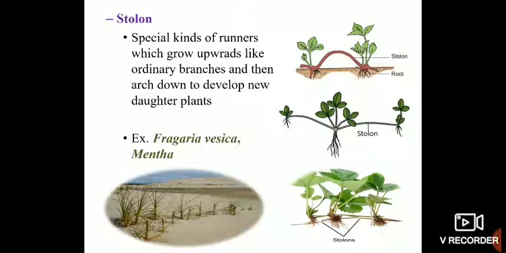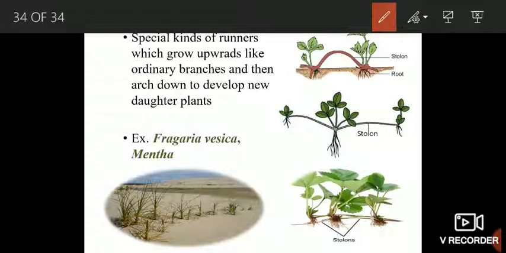And finally, we have stolons. These are the special kinds of runners which grow upwards like ordinary branches and then arc down to develop new daughter plants. Here you can see this is the parent plant, and it forms a runner.